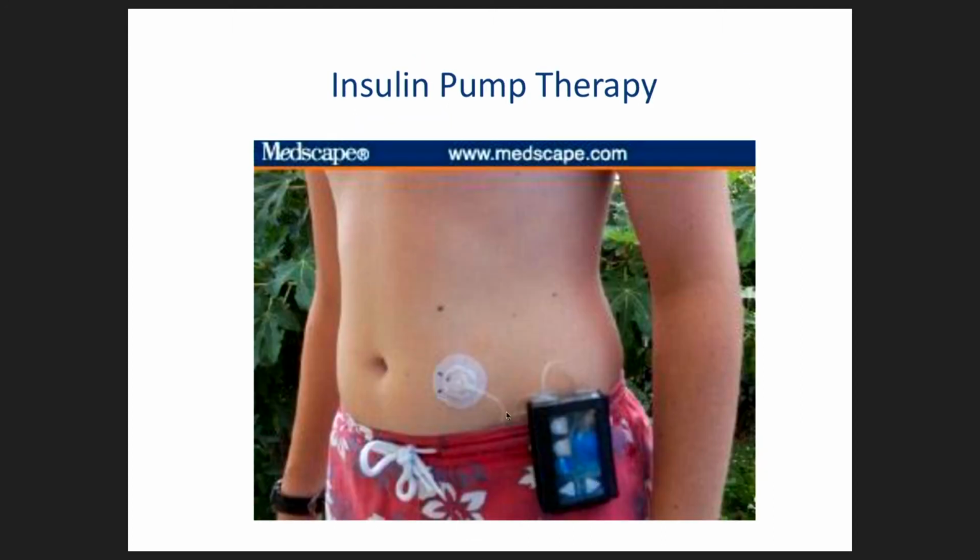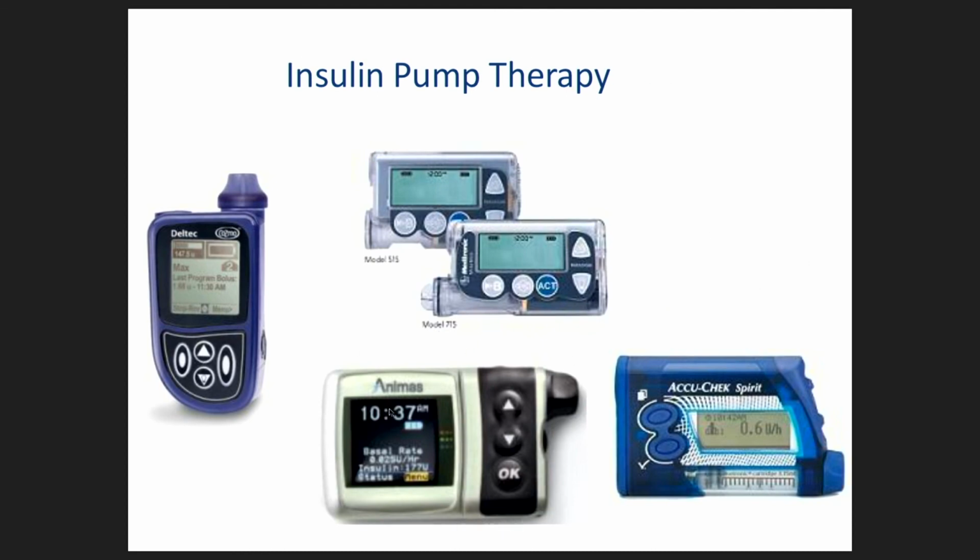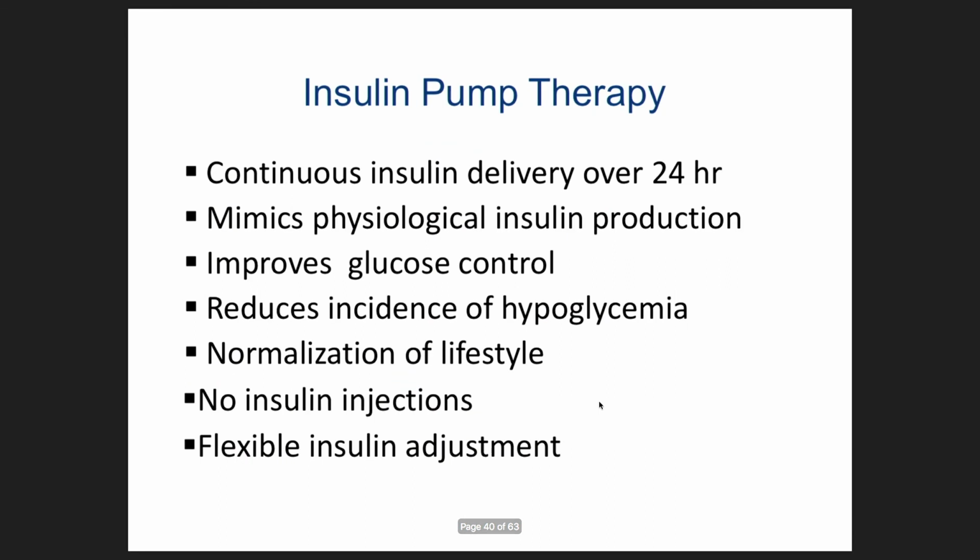Insulin pump therapy is a very important, very good diabetes technology to improve the control of children, and it is one of the best modalities to deliver insulin worldwide. Insulin pump therapy has also improved from the past with big machines into recently small pager-like machines to deliver the insulin.